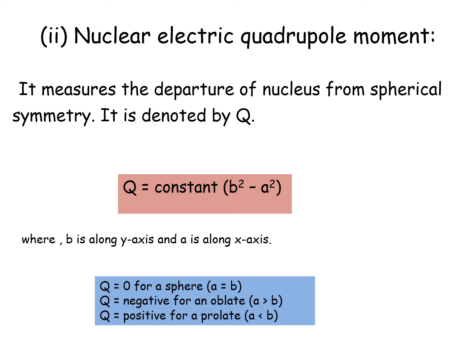Now we come to the nuclear electric quadrupole moment. As we all know, the nucleus is always considered to be spherical, symmetrical in shape.